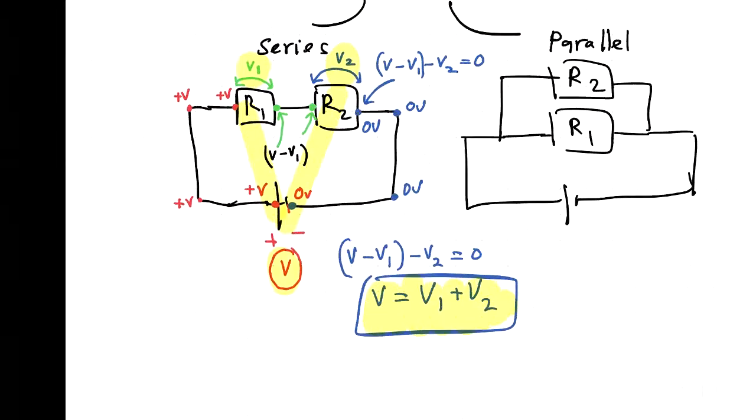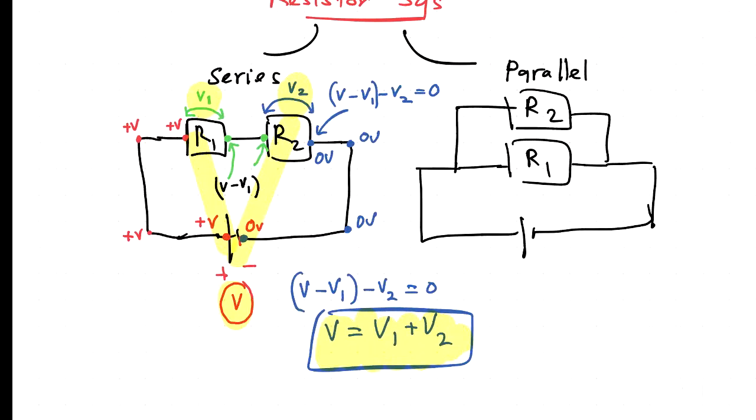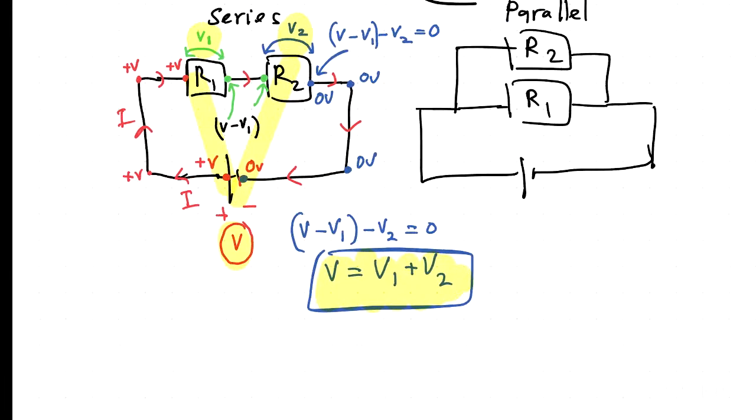And if we consider the current, let's say current I, and here also there are no breaking points or any sort of branches. Therefore, both R1 and R2 will be experiencing the same current, but in the meantime will be consuming different energy values, voltage values, right?